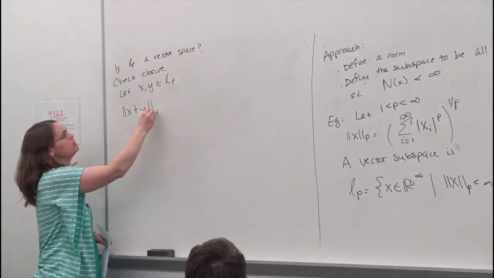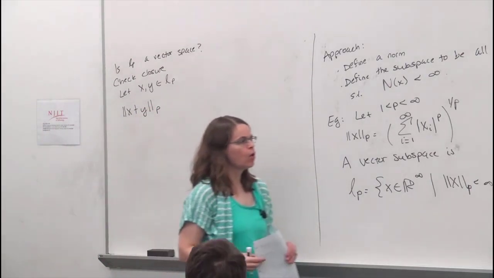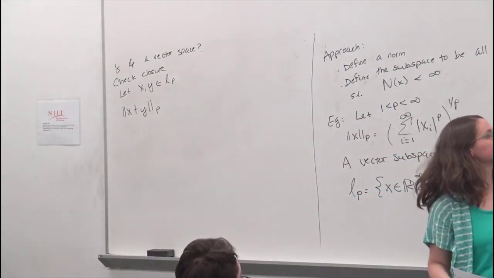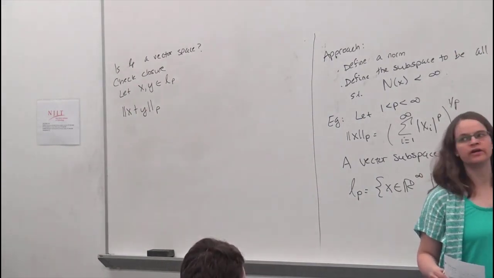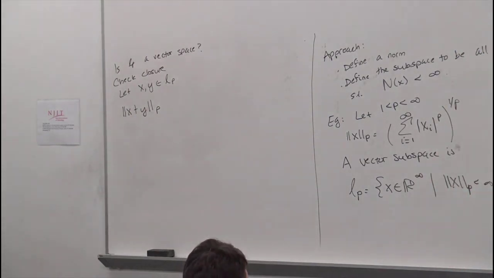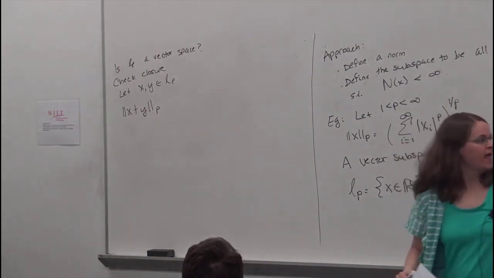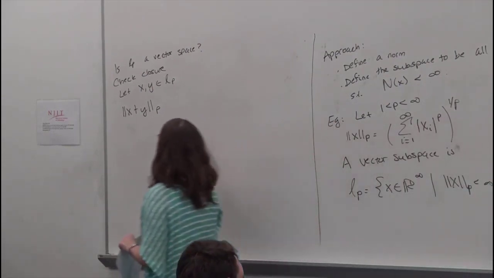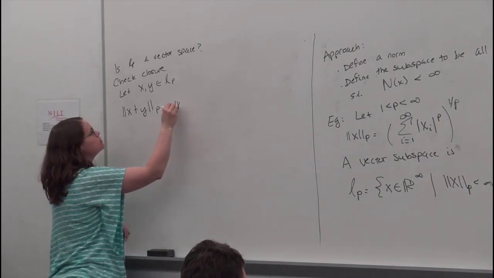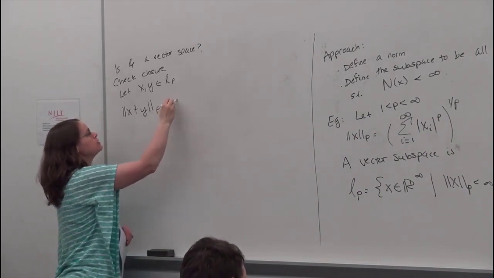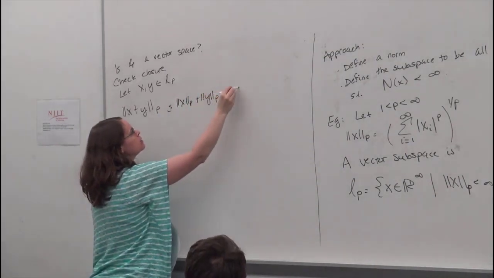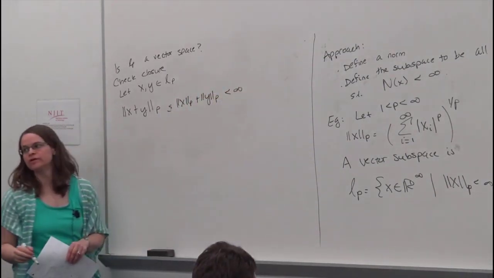This is a p norm. Well, conveniently, I've already written an inequality down here that says the limit of this as n goes to infinity is bounded by the limit of this as n goes to infinity. And this we know to be finite. Okay, so we're closed under addition.